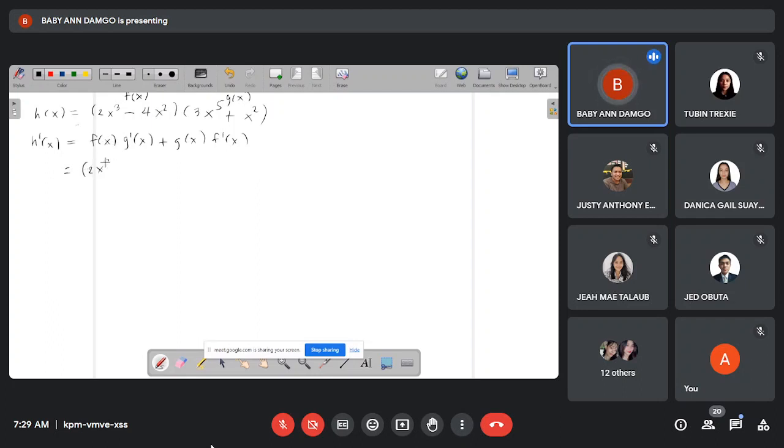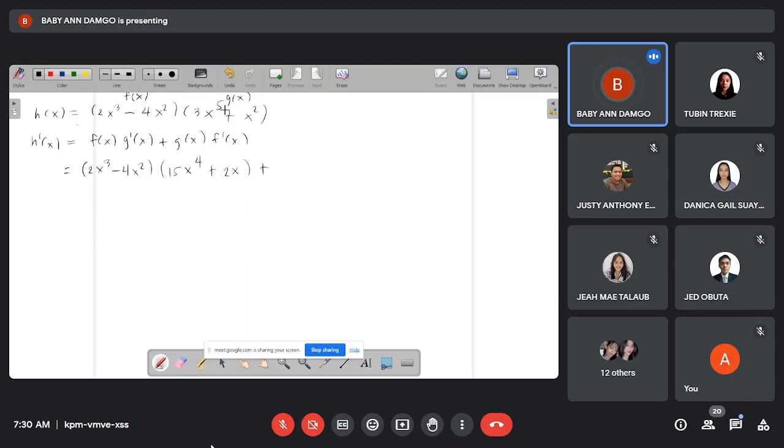So this is 2x cubed minus 4x squared. And then find the derivative of g of x. So this is 15x to the fourth plus, 3 times 5 is 15, x to the fourth, plus 2x.